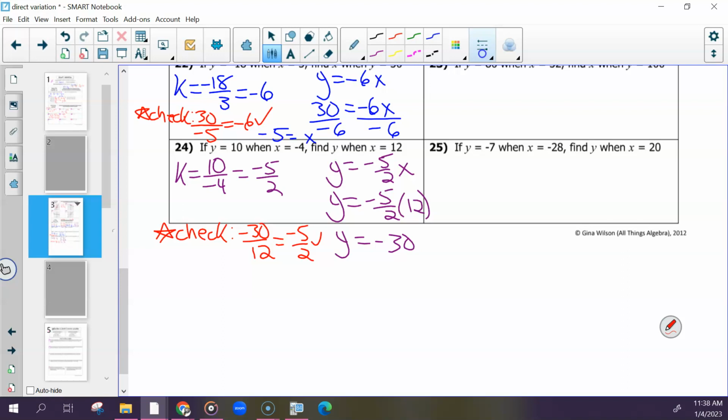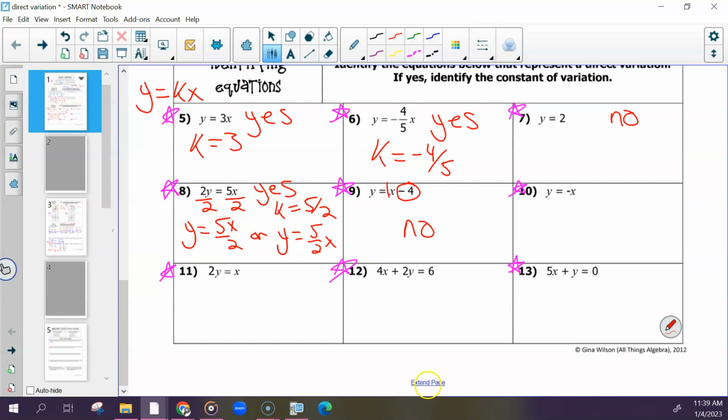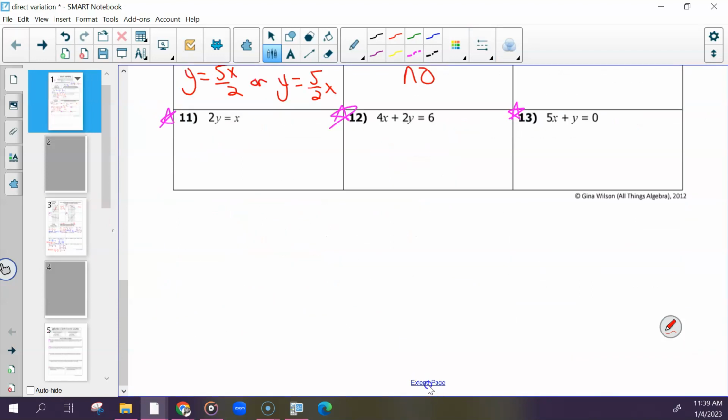11. So he is still writing this down. Right, 11. Here we would need to solve this for y, get y by itself. So divide both sides by 2. Is this a direct variation?